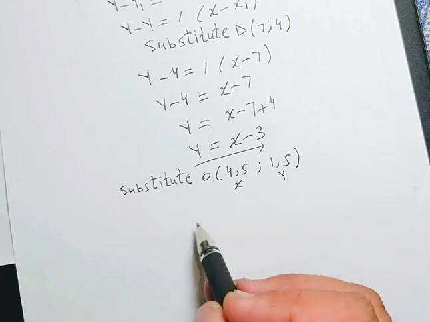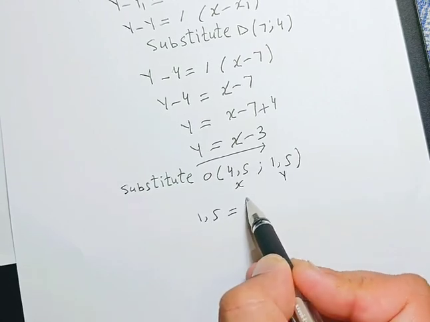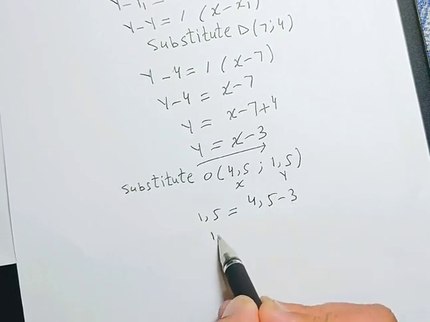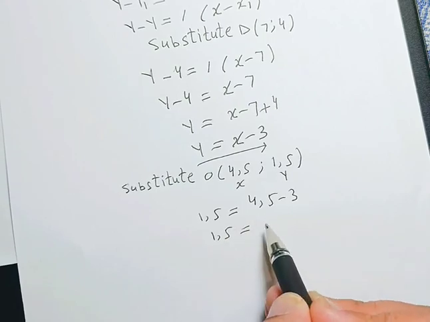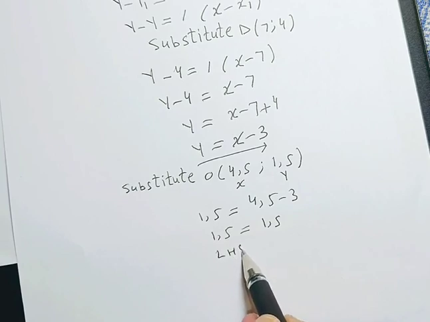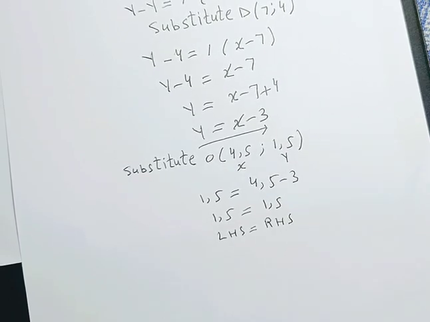So this is your x and this is your y. So y is 1 comma 5 and x is 4 comma 5 minus 3. So this is 1 comma 5 and this side as well 1 comma 5. So the left hand side is equal to the right hand side, which means BD bisects AC perpendicularly.